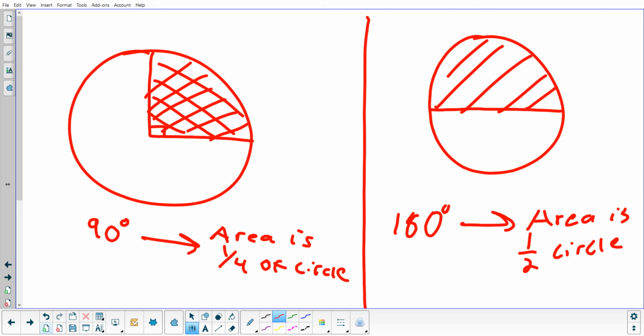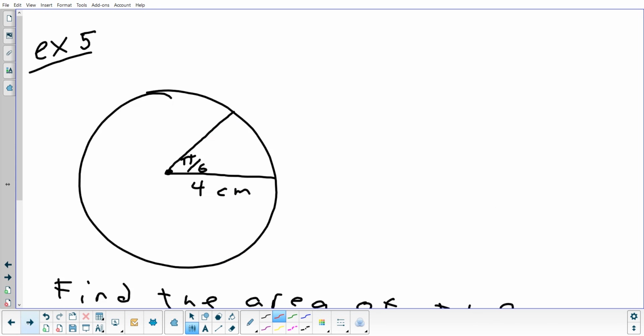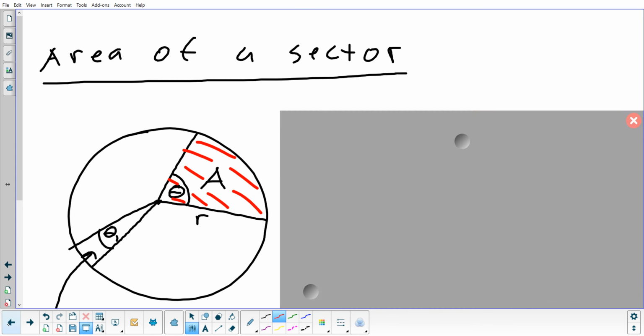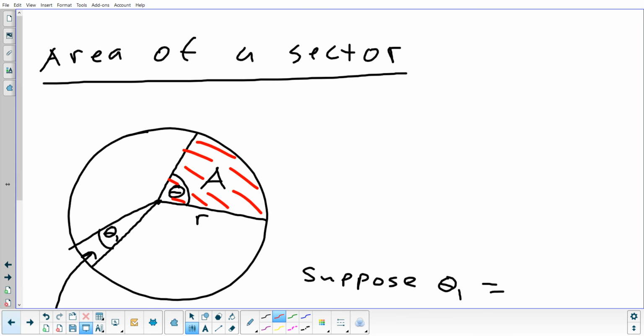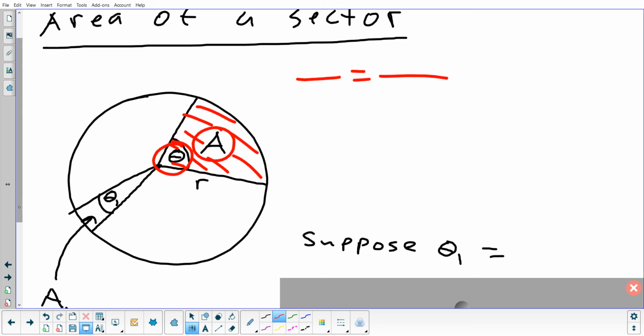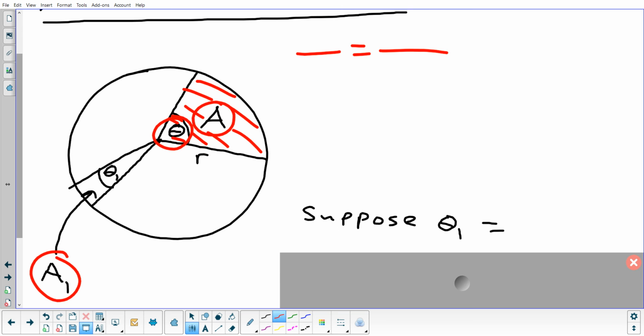I was about to ask, what is the formula? Yeah, so we're going to figure out what that is right now. So let's set up our proportion. We've got four things: an area, an angle, an area, and an angle. You can't really go wrong with what you start with.